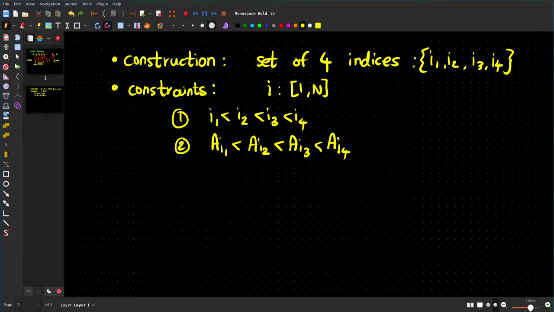These are derived from the question. These constraints may be given in the question, or you may have to derive them depending on what type of problem it is.